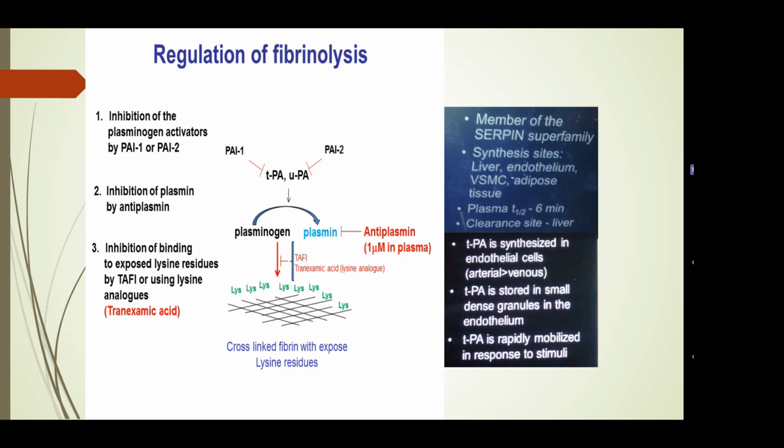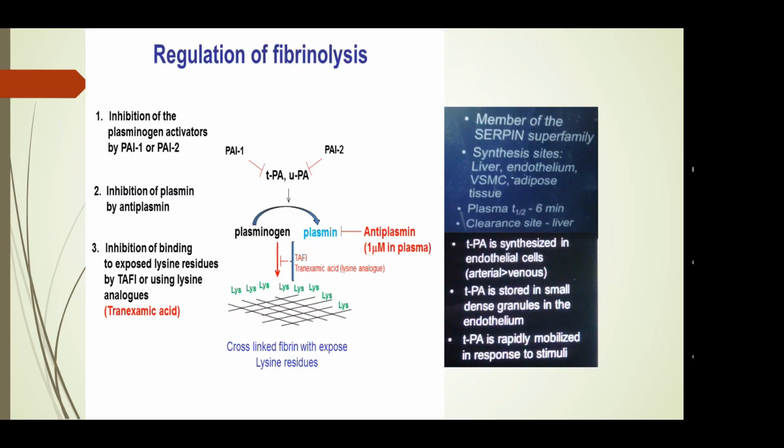So the coagulation system is a comprehensive mechanism of forward and backward reactions, a control mechanism. As the coagulation mechanism sets on, there are regulations to stop the clotting at a certain limit.